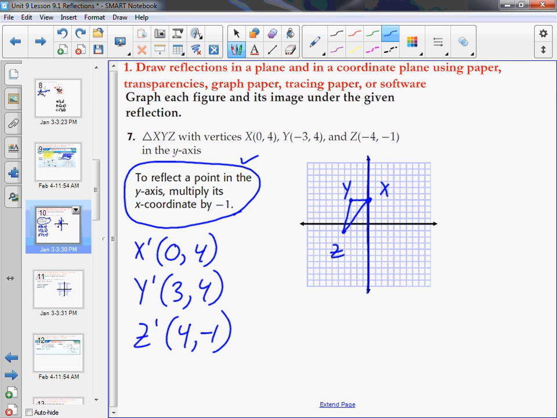The y-coordinate stays the same. Well, so now, X and X prime are the same point, aren't they? Y prime has coordinates 3, 4. And Z prime has coordinates 4, negative 1.